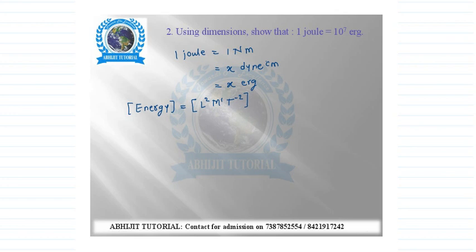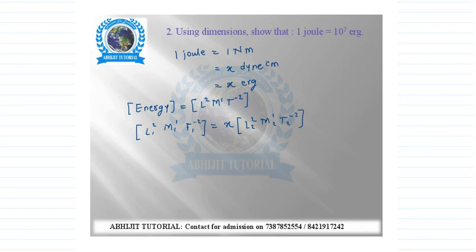Now we will use the same equation, that 1 joule is equal to x erg. We first write for the SI system L1 squared, M1 and T1 to the power minus 2, equal to x times L2 squared, M2 and T2 to the power minus 2.